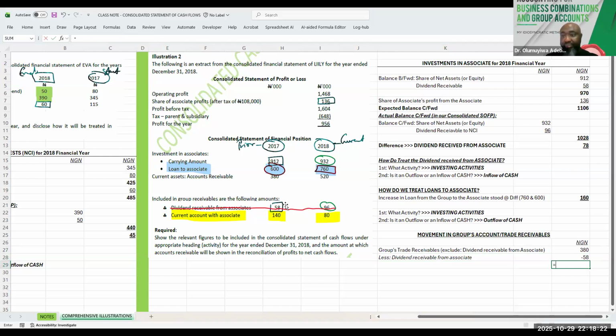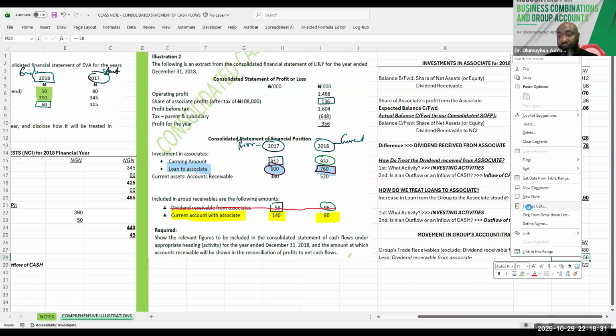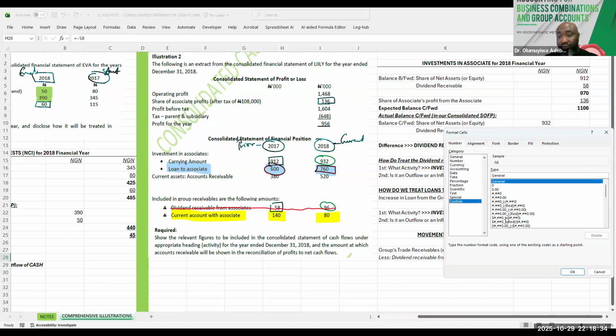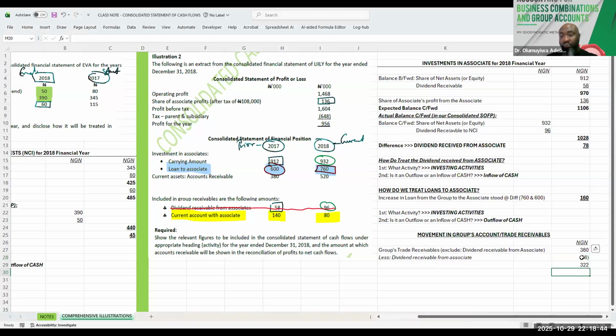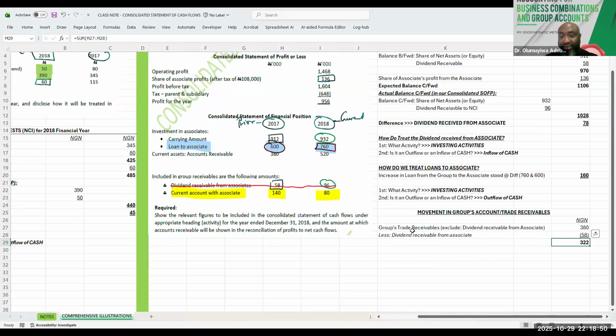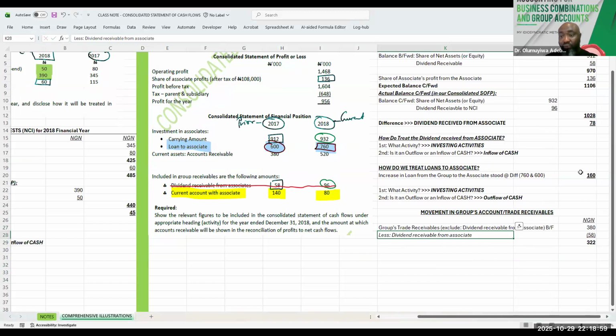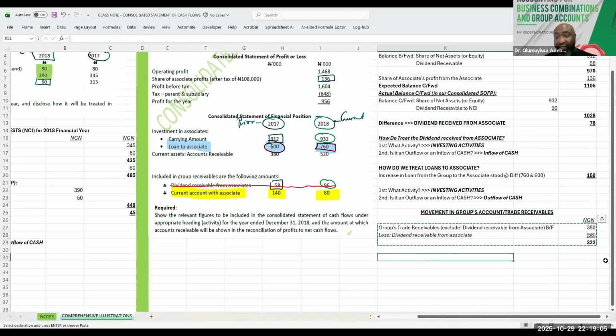What is left? Is 323. Okay. I'll compare that at the beginning of the year with the same thing at the end of the year. And we'll find the movement.